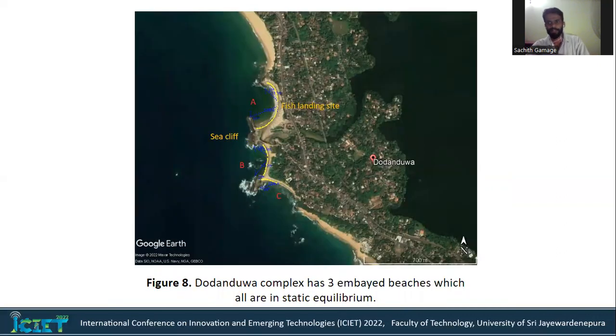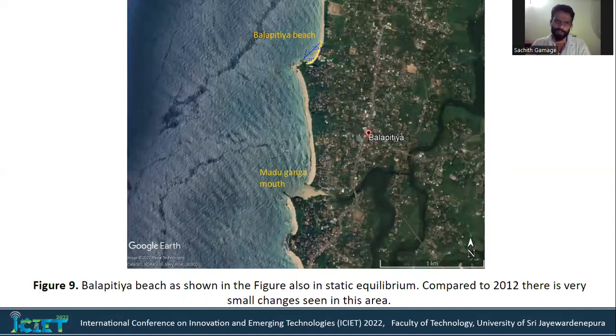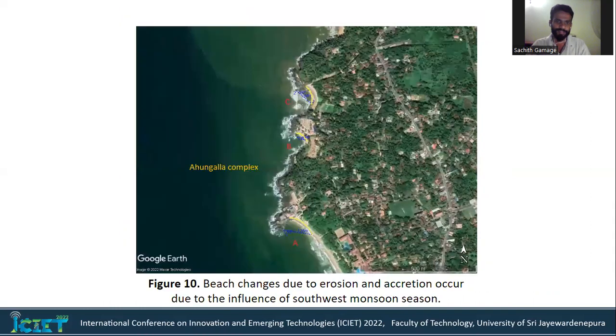In Dodanduwa, with the help of a man-made structure, as you can see here in A, a fishery harbor has been constructed in one of the embayed beaches. Because of that, it takes advantage of wave action, and it has good properties. This is the Balapitiya area. As you can see, there are different kinds of embayed beaches.